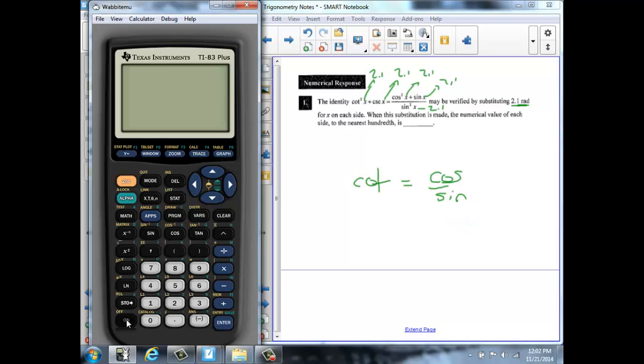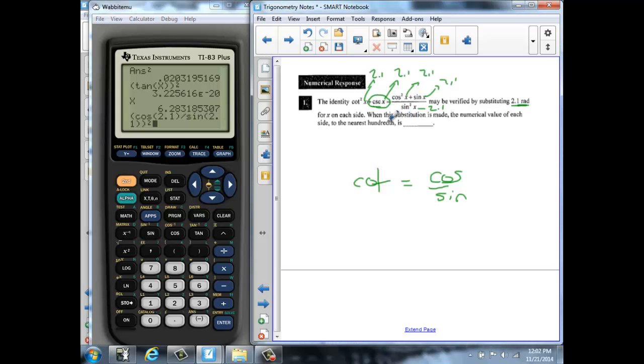And then you square the whole thing. Watch this. I'm going to go bracket cosine of 2.1, divide by the sine of 2.1, double bracket, and then I'm going to square the whole lot of it. So that takes care of cotan squared. What about cosecant?